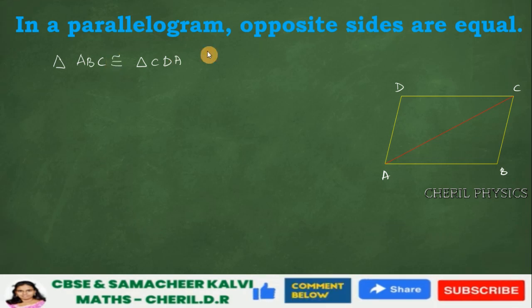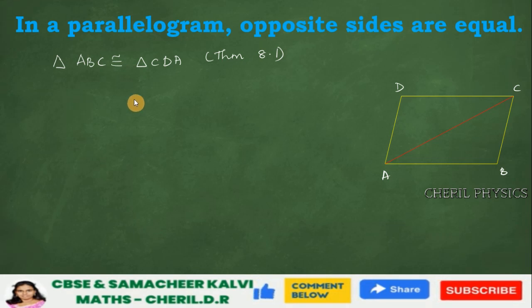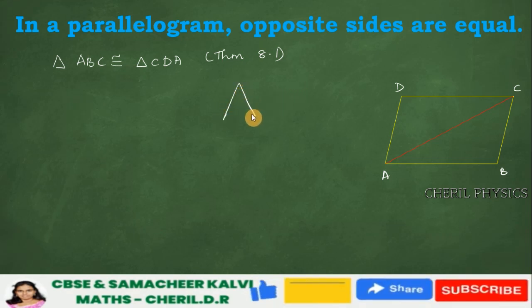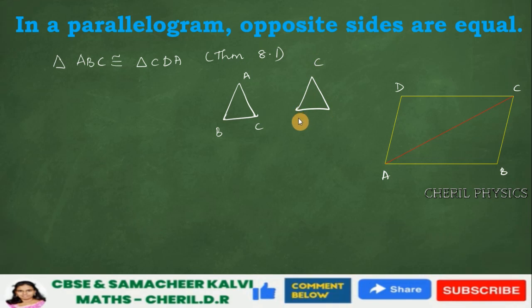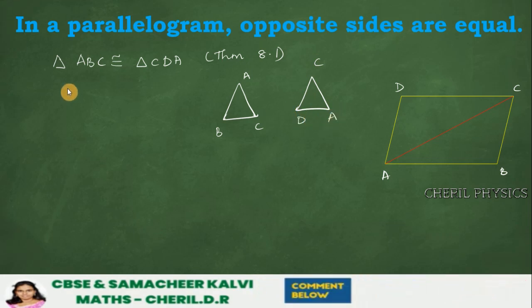This is what we proved in theorem 8.1. If these two are congruent, then we know that the corresponding sides are also going to be equal. So this is triangle ABC and this is triangle CDA. So what do we know?